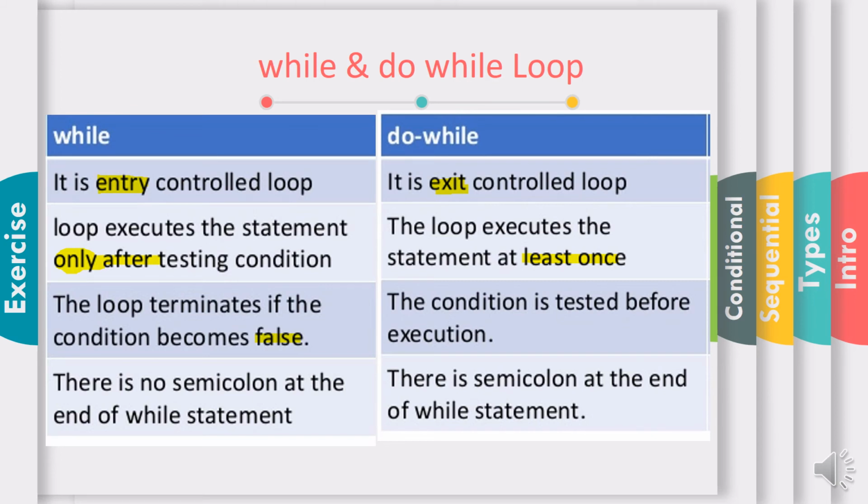In the while loop, the condition is tested before the execution. As we have discussed earlier, there is no semicolon at the end of the while statement in the while loop, and there is a semicolon at the end of the while statement in the do while loop. In the difference points, you can also mention the syntax in order to make your points more appropriate and valid.